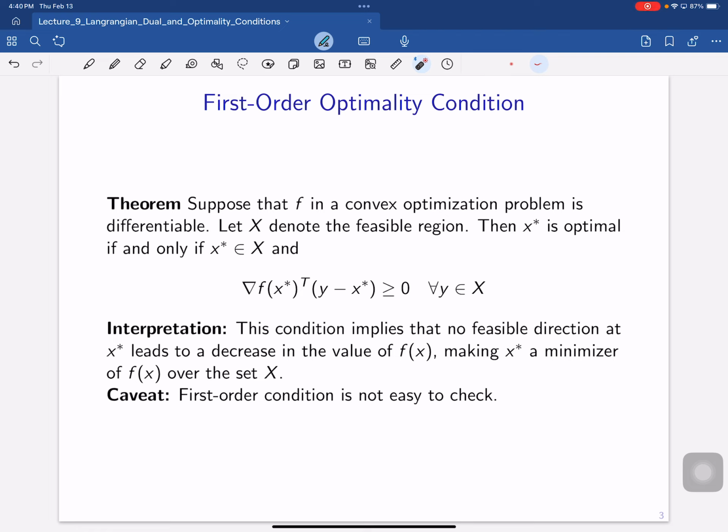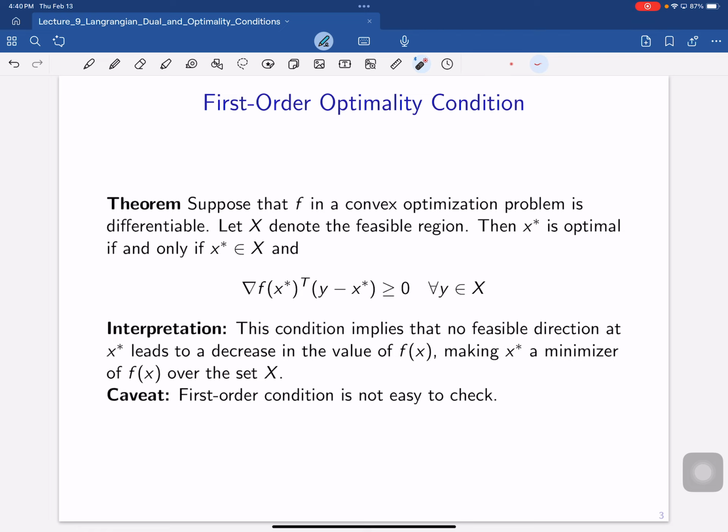Here, the problem is constrained, meaning that the feasible solution has to be in this set capital X. So suppose f is in a convex optimization problem and f is differentiable, and let X denote the feasible region.